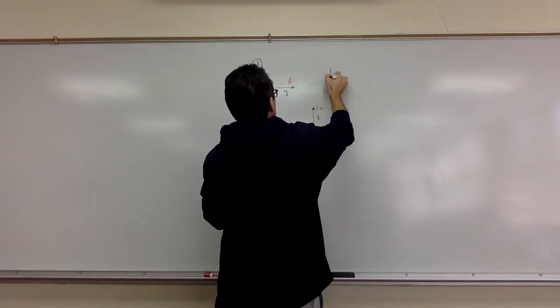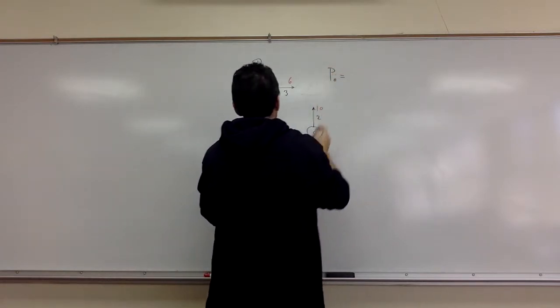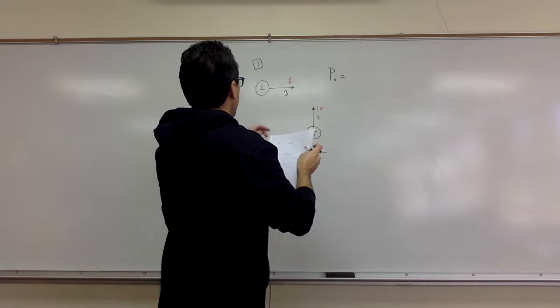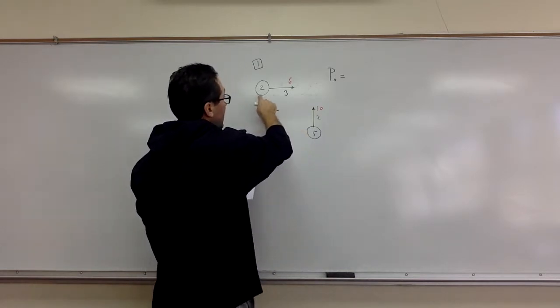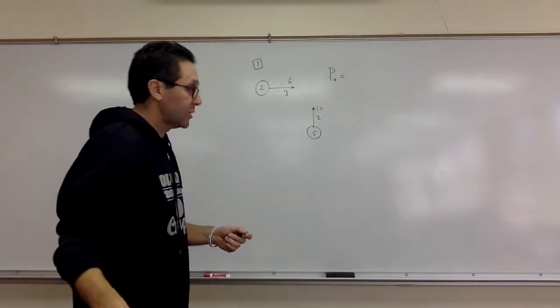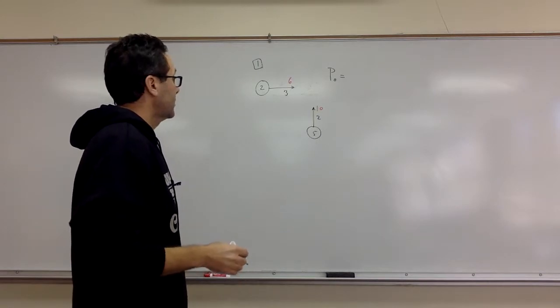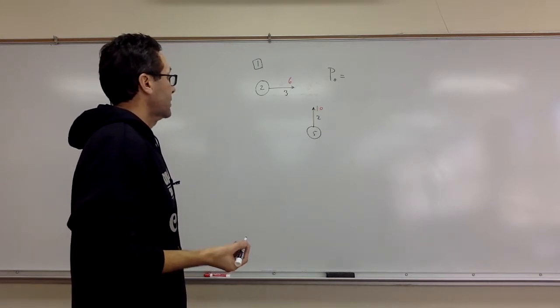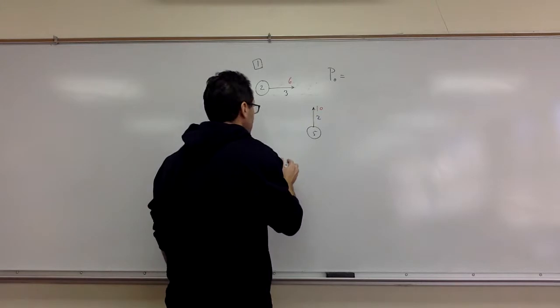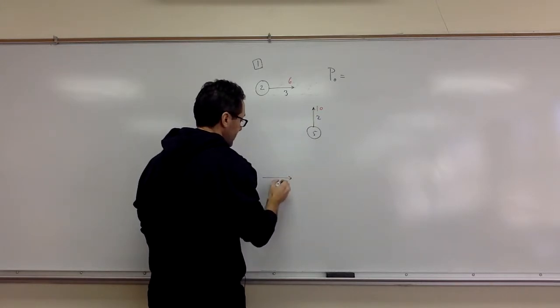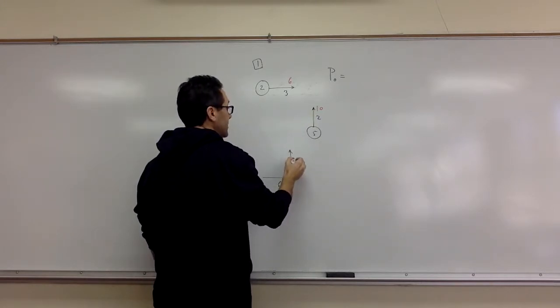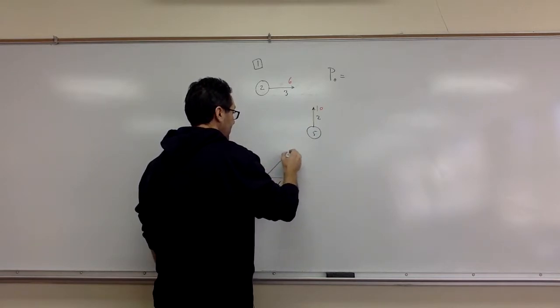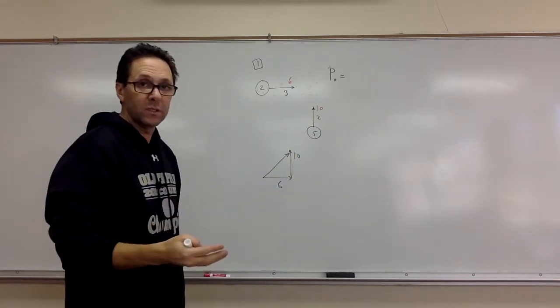The initial momentum of the whole system, since they're going at an angle here, they're going at 90 degrees, I'm just going to use the Pythagorean theorem. So this one is 6, this one is 10, and this is the combination, the resultant, in other words.